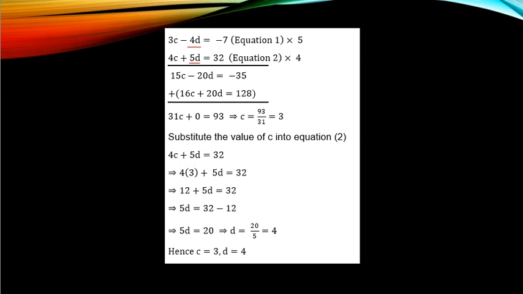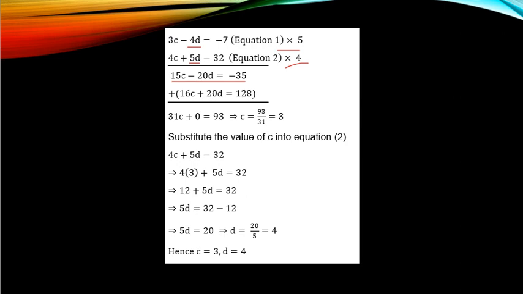To turn 4 to 20, you multiply equation 1 by 5. To turn 5 to 20, multiply equation 2 by 4. If you multiply equation 1 by 5, you have 15c minus 20d equal to minus 35.